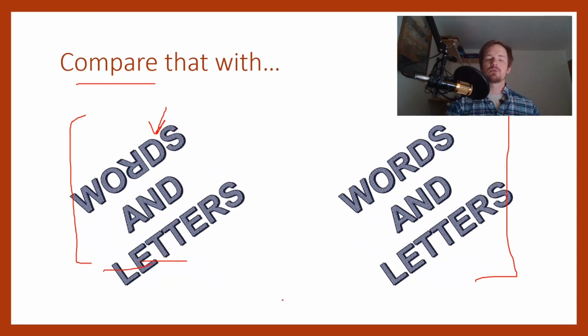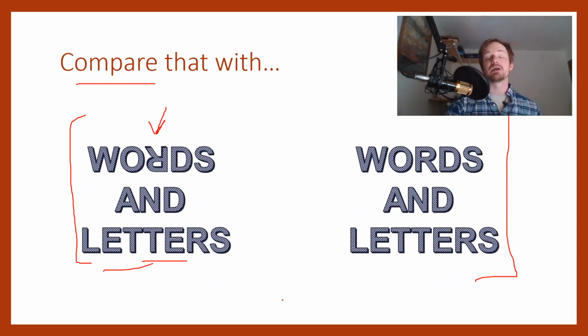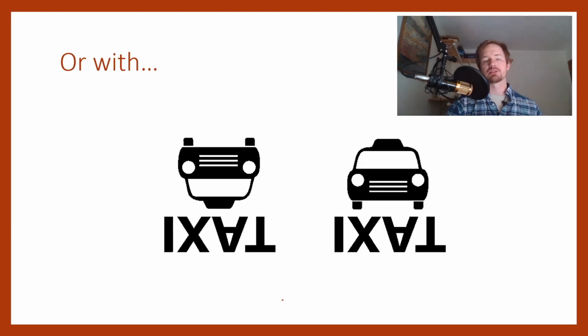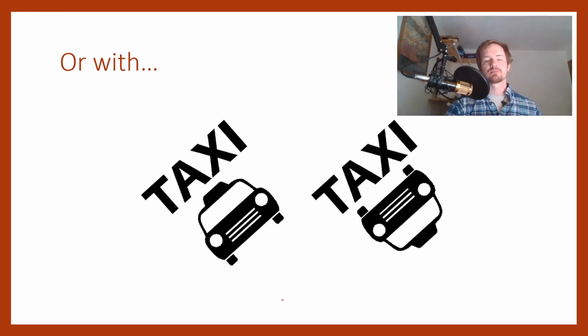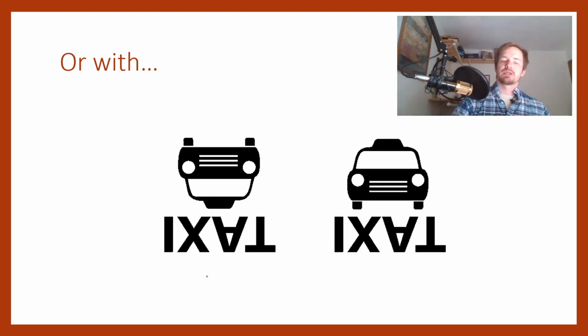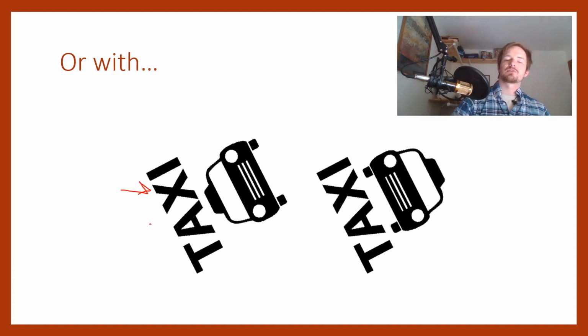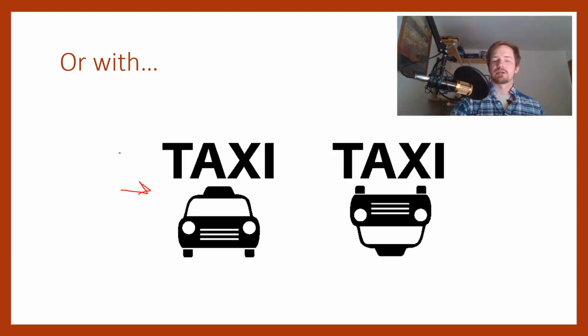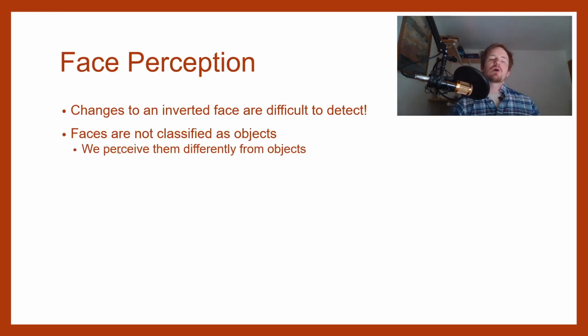And so this doesn't lead to that same kind of unsettling, weird effect that we get with the others. Here's another example. Which of these is right? Yeah, so here we could probably figure that this is the correct version, because once we flip it over, that card's right side up. So whenever we are looking at inverted faces, they're often difficult to detect changes in.